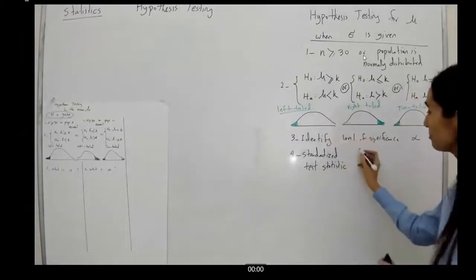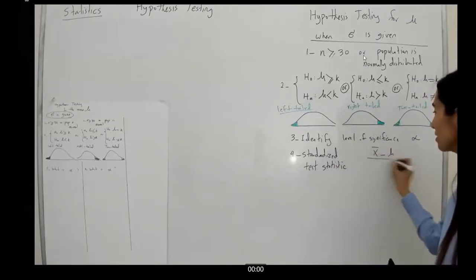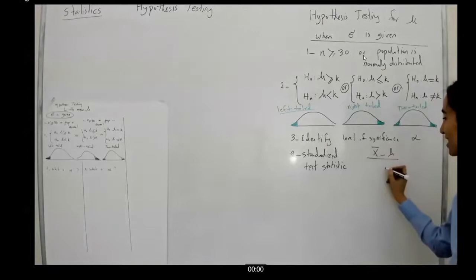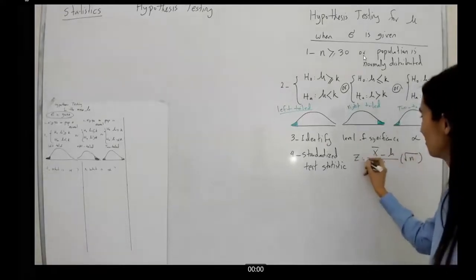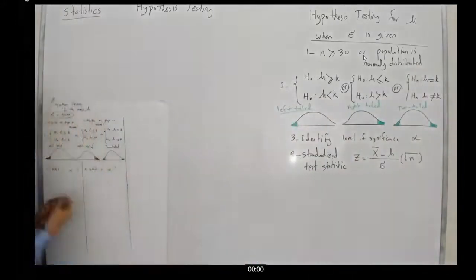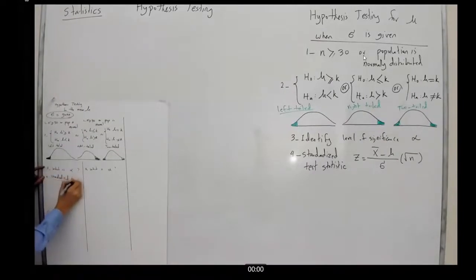We flip that: x bar minus mu divided by sigma times square root of n. Standardized test statistic. Z is x bar minus mu divided by sigma over square root of n.